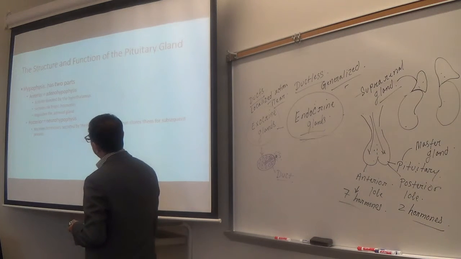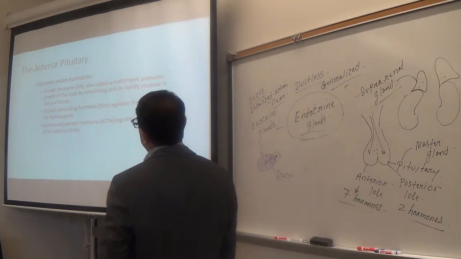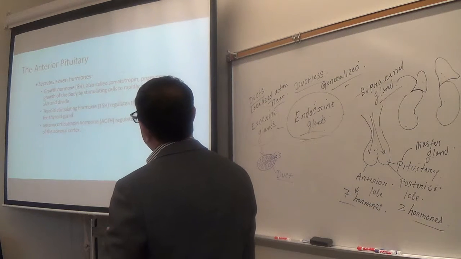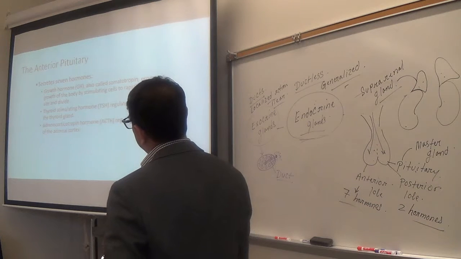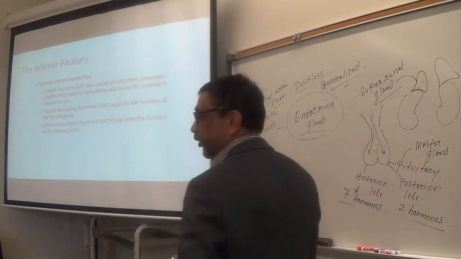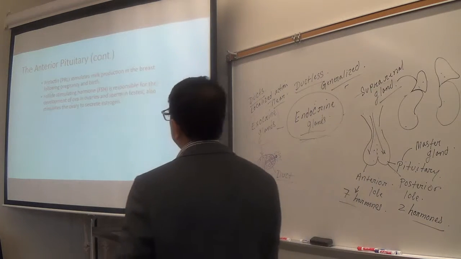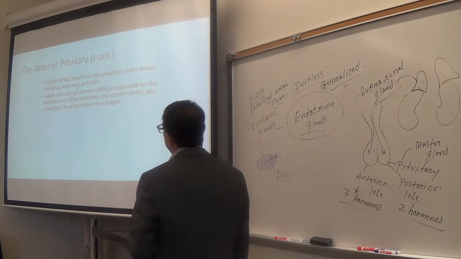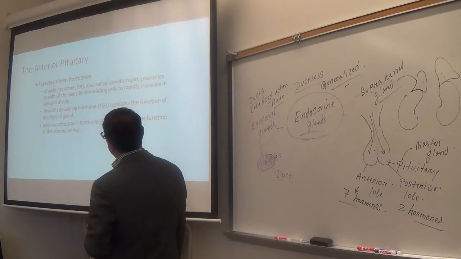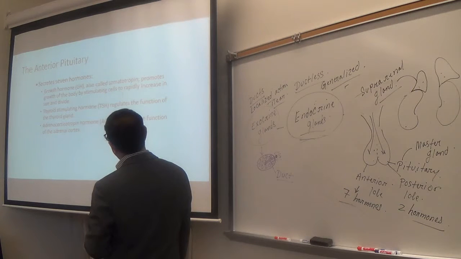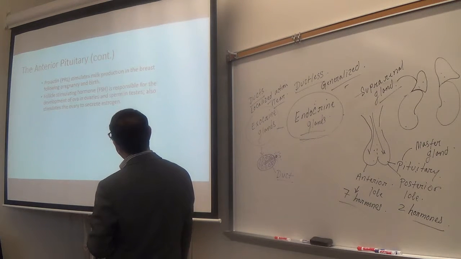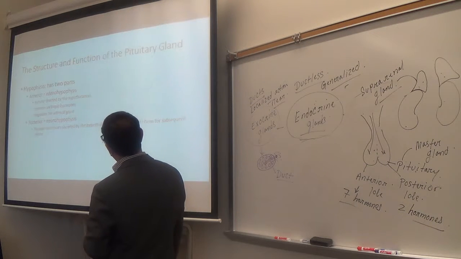Anterior pituitary hormones are growth hormone, thyroid stimulating hormone, adrenocorticotropic hormone, prolactin, follicle stimulating hormone, and a couple of those are not listed properly.